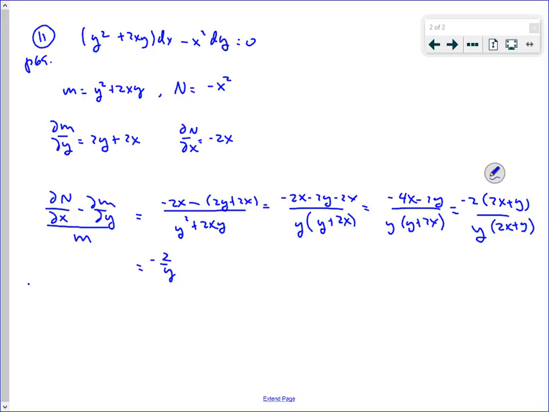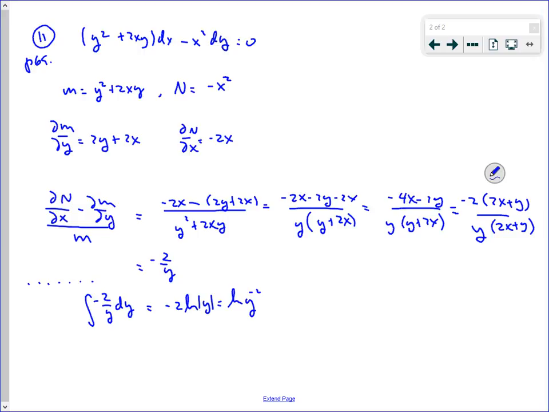So with that in mind, we take the integral of this, and fortunately it's simplified. And this is negative 2 log of y, so it's log of y to the minus 2, and we'll worry about constants. When you're doing an integrating factor, you don't mess with the constant there. It shows up when we're ready to do our final answer.